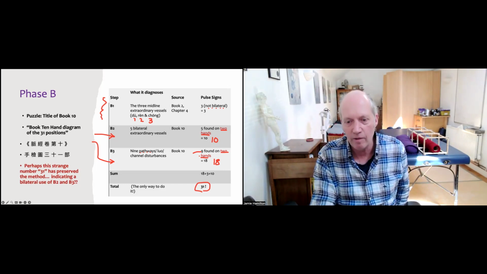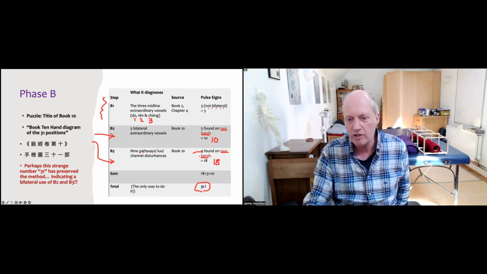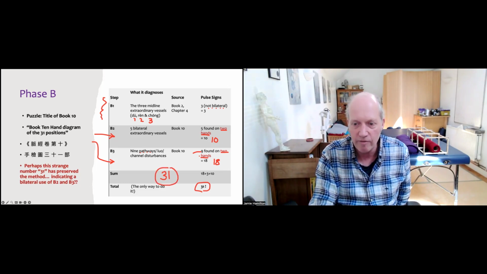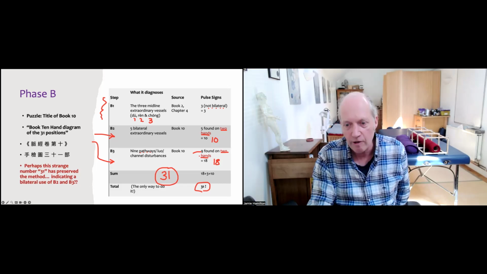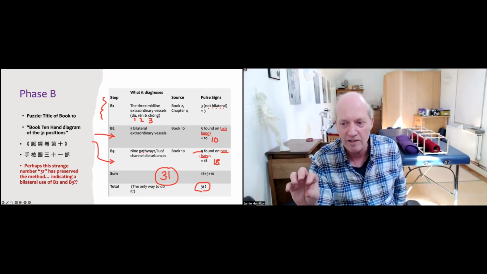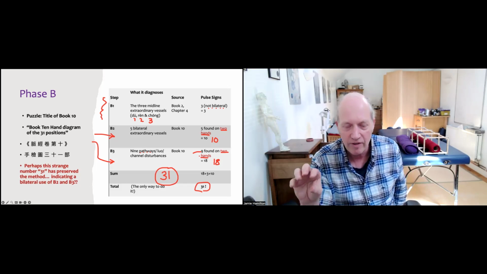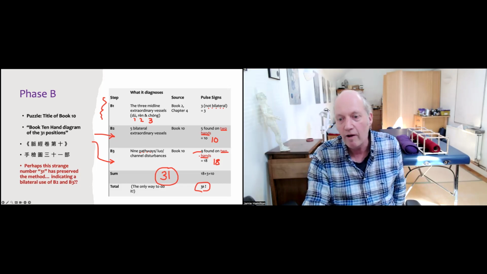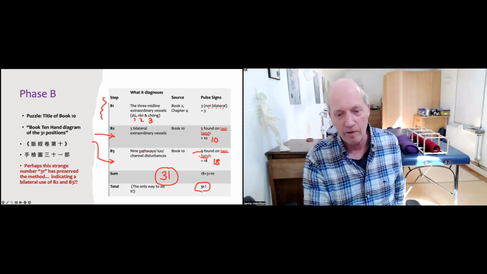I have heard some scholars say that the reason they use numbers and poetic language in the classics is to encode information. And here is this information. They use the number 31, and they must have realized that there's only one reasonable way to come up with 31.